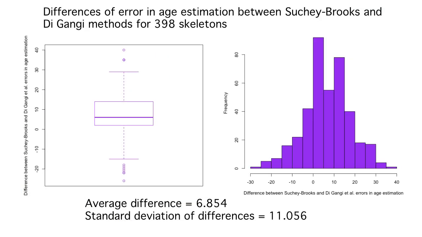From the plots, we can see that their distribution is fairly symmetric, and it's centered above 0. Indeed, the average difference is 6.854. So the difference in the error in the two methods is, on average, almost 7 years.